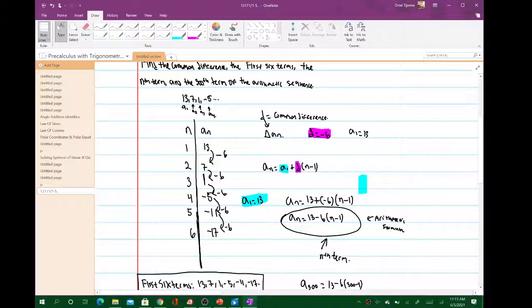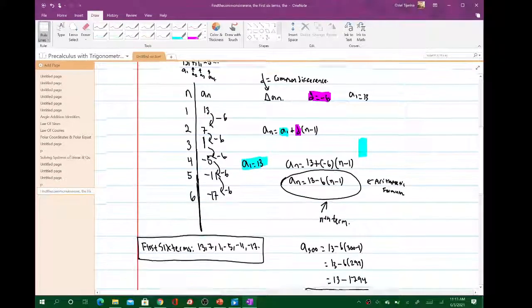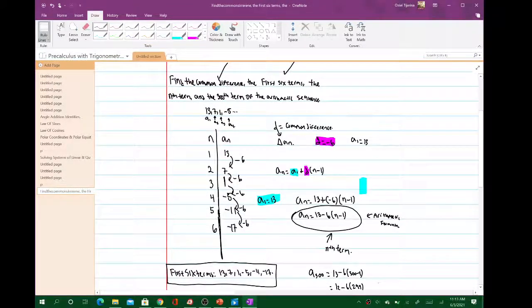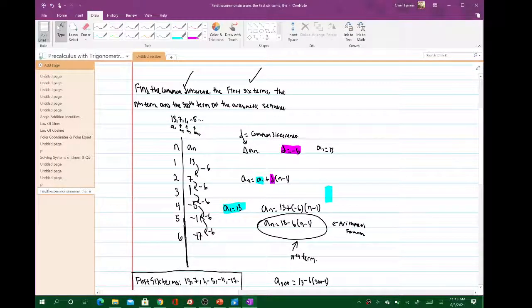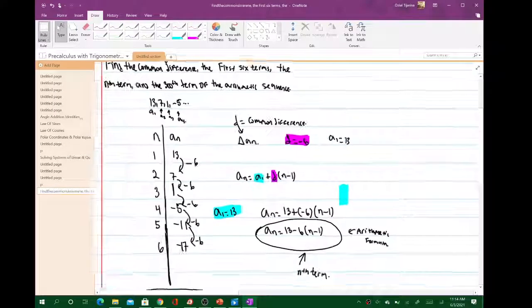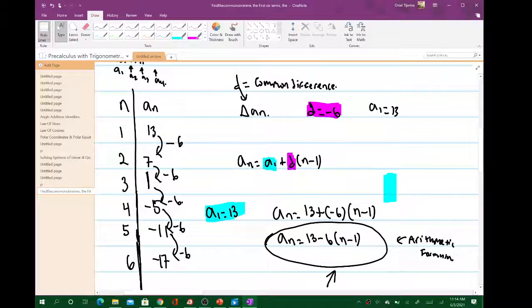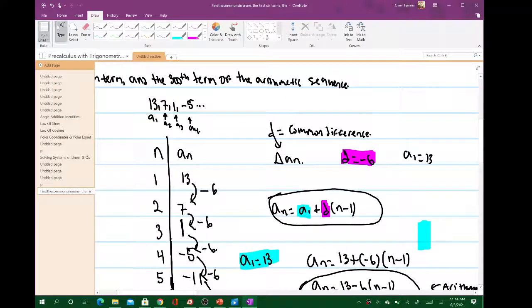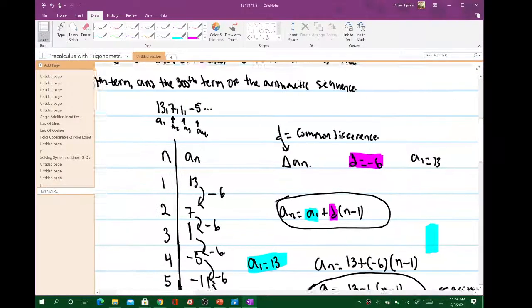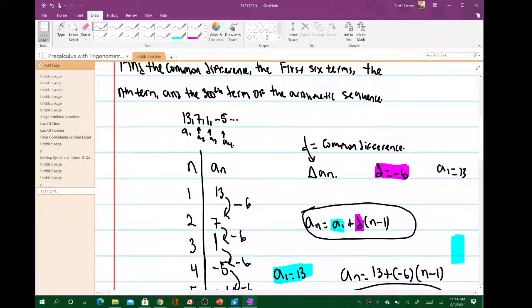Basically, in order to know how to do this one, there are three important things you need to know. You need to know this formula here. You need to know how to label the sequence, so a sub 1, a sub 2, a sub 3, a sub 4, and then as it goes along, it's going to just be a sub n.